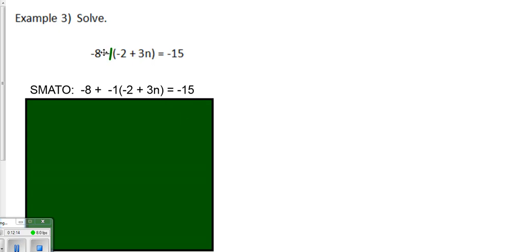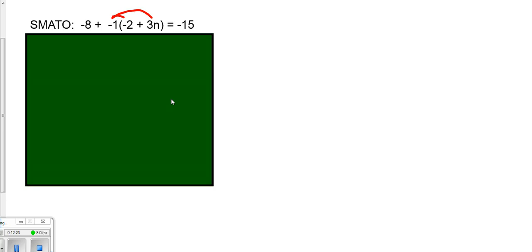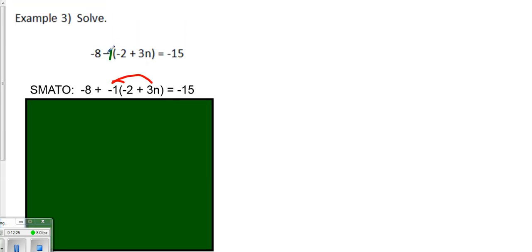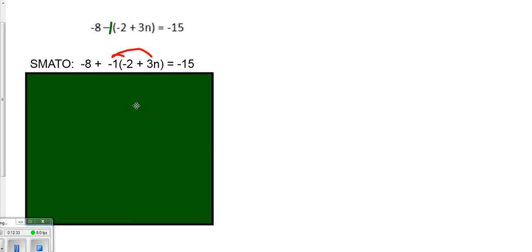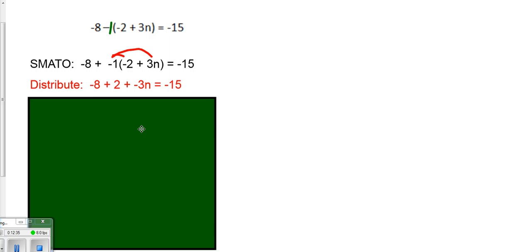Because this was minus all of this, we'll call it plus a negative 1. Now that we have the negative 1, now we can distribute. In a sense, because it's just minus 1 and 1 isn't going to change these, you can also think of it as this minus means each of these signs is going to change. Because in the end, this is what we get.